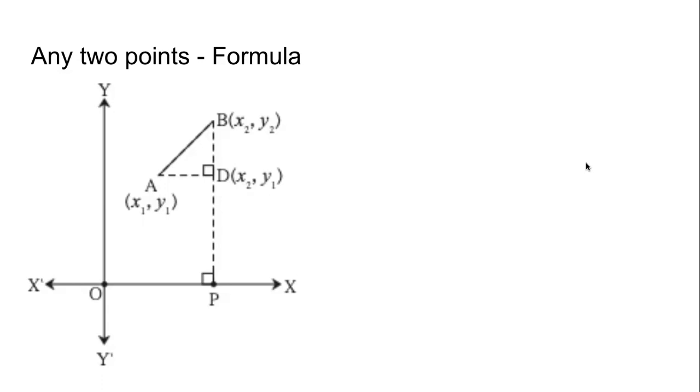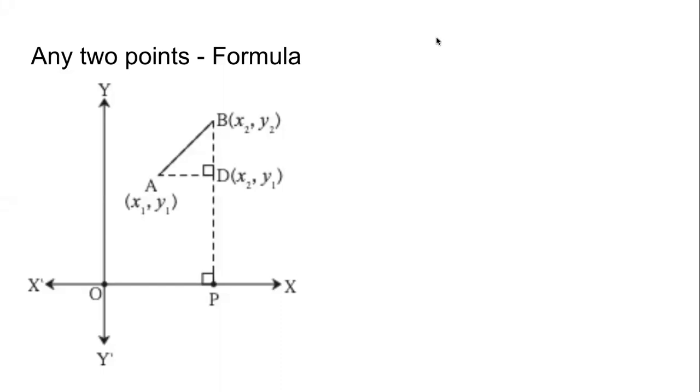From that understanding, we can make our own formula. Yes, we can. Suppose A is a point with coordinates x1, y1, B is another point with coordinates x2, y2. And now suppose D is that point which is at the intersection of the line segments passing through A and B and that are parallel to the x-axis and y-axis respectively.